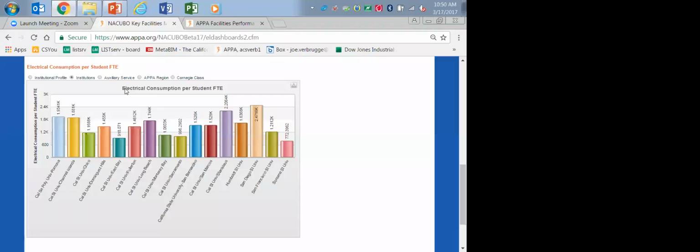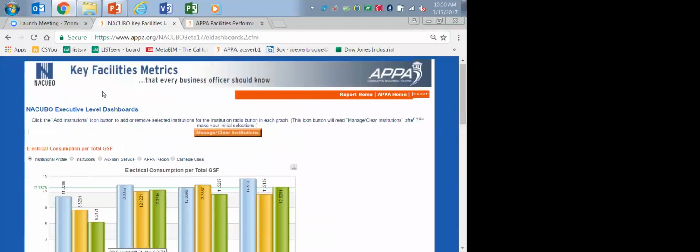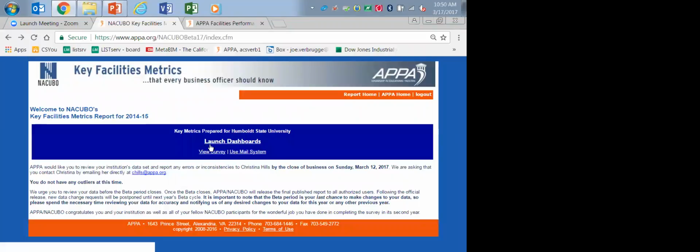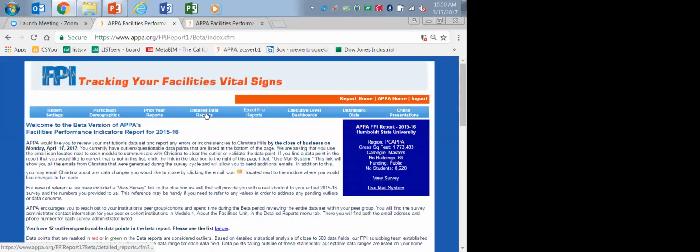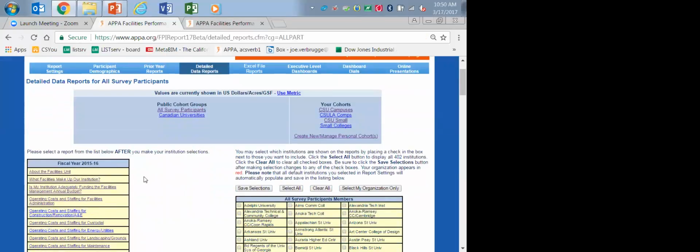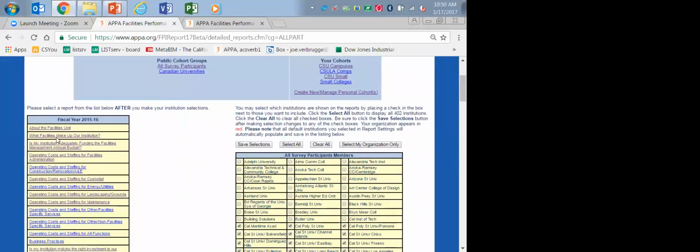Joe's going to jump into the live version of this real quick so we can take a look at it. But when you want to compare yourself to the overall facilities budget of other peer institutions, this is a great data point to take a look at. So from a facilities director perspective, what his overall allocation is as a percentage of the gross institutional expenditure is one of those important numbers that we're looking at here.